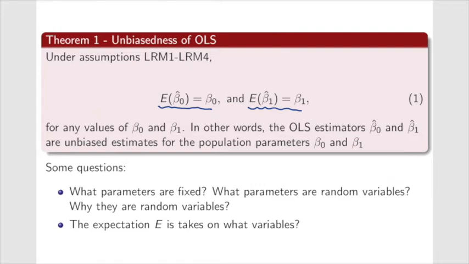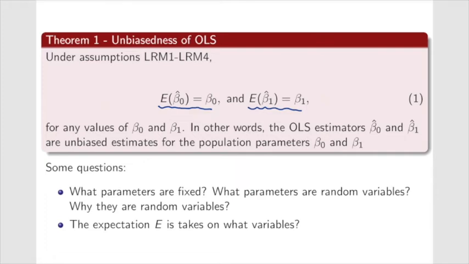Before proving this theorem, we need to make sure that we understand it. I still remember that when I first learned this theorem, I was quite confused why we can take expectations on beta 0 hat and beta 1 hat. When we use the operation of expected values, we often take expectations on random variables. What is a random variable?